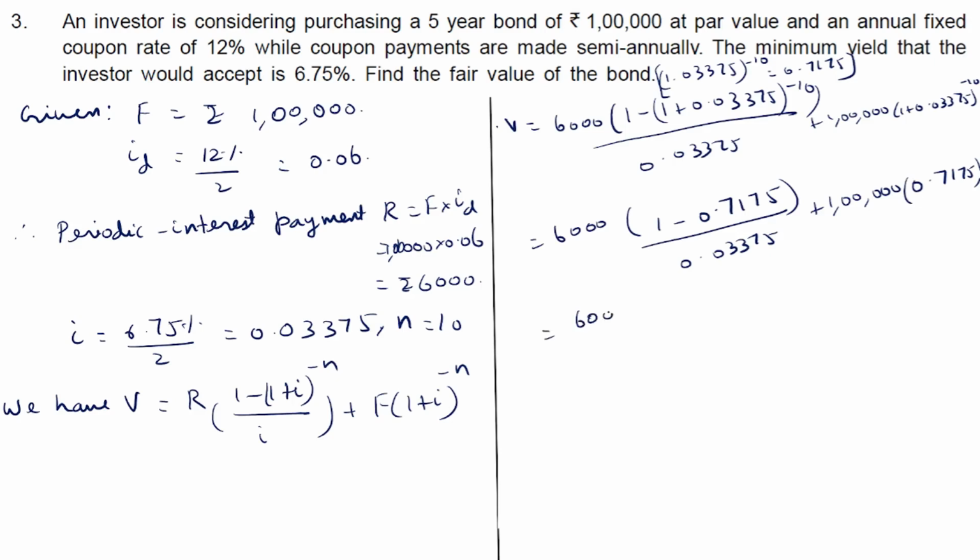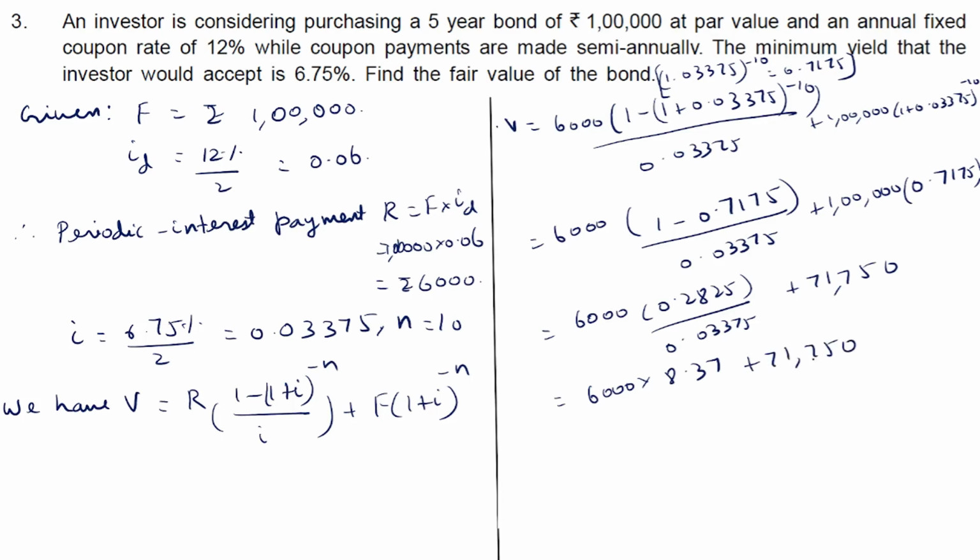So this is equal to 6000 into 0.2825 upon 0.03375 plus 71,750. So this is equal to 6000 into 8.37 plus 71,750. It is 50,220 plus 71,750.